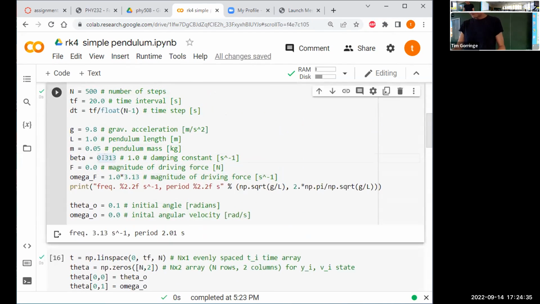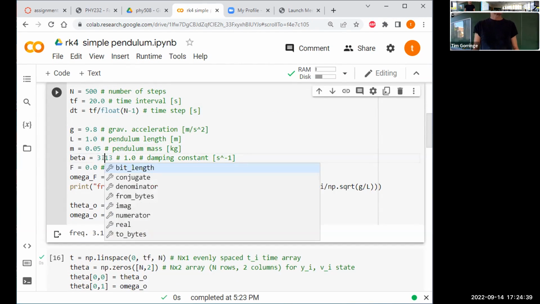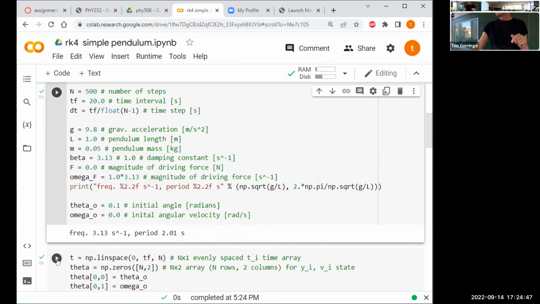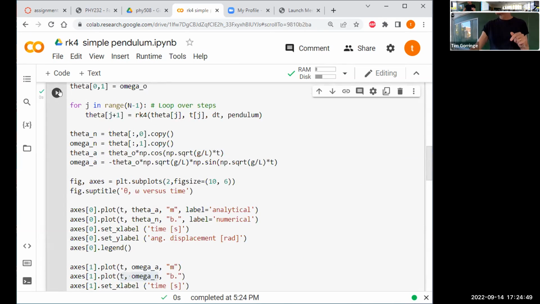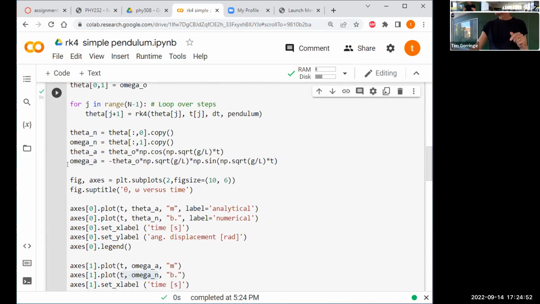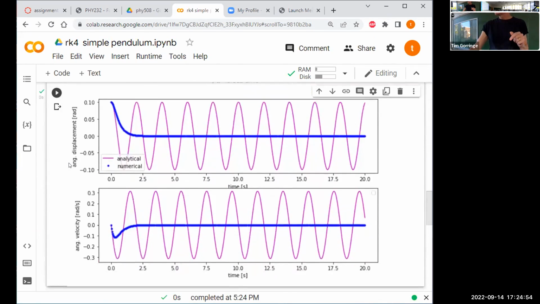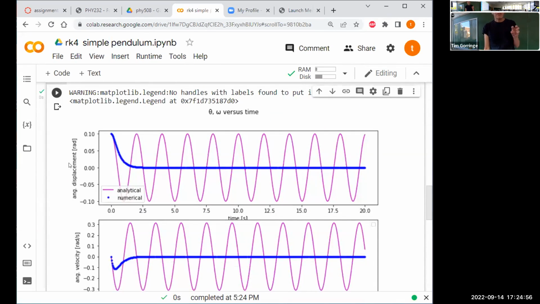So what's interesting for the damping is to look at these different cases. Let's now make it critically damped, that's when beta equals the natural frequency. So beta is now going to be 3.3. And now you see the case that I mentioned: when you have critical or overdamping, you don't get the oscillations.